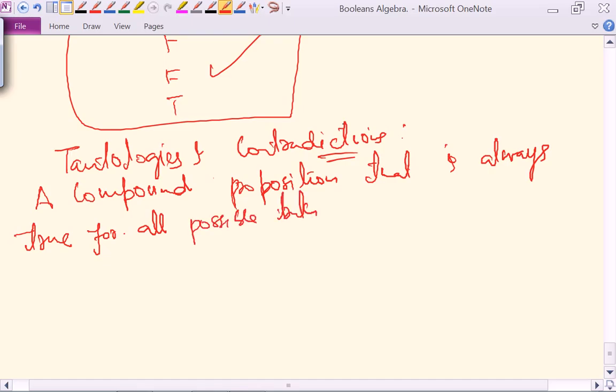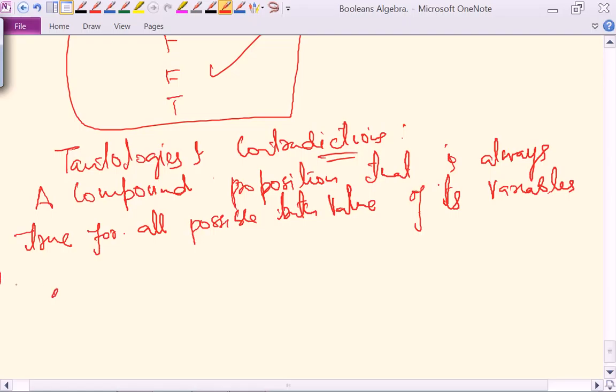The truth value here doesn't mean true values, it's the truth table values, okay? It means all the combinations of its variables. You have to remember this definition because the question comes about its definition.